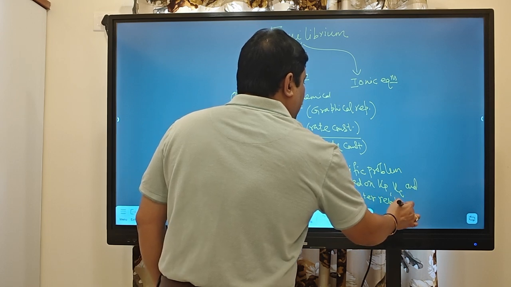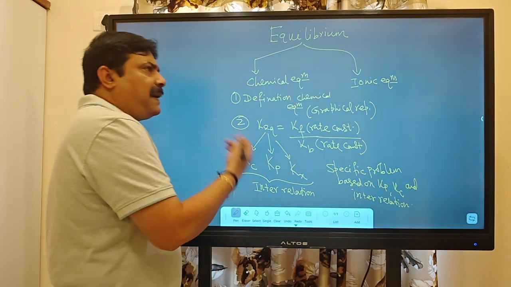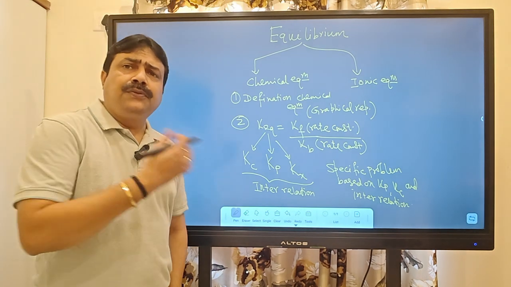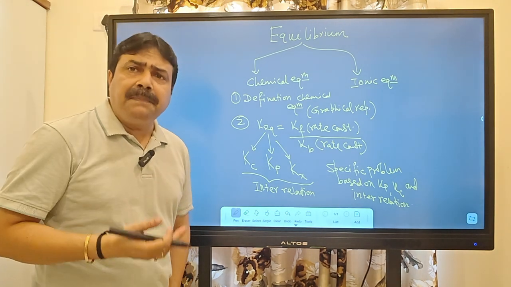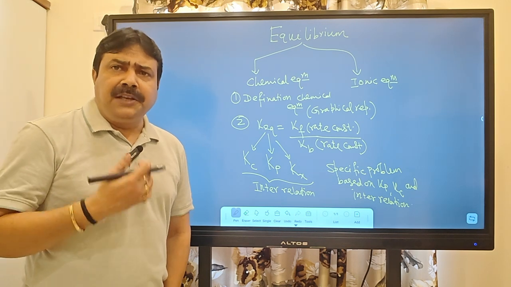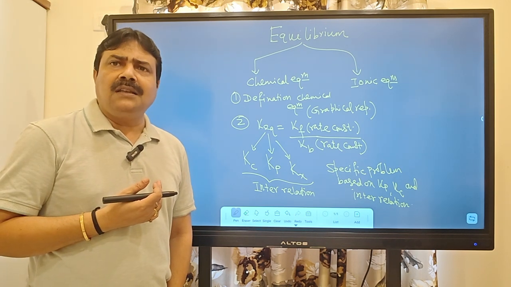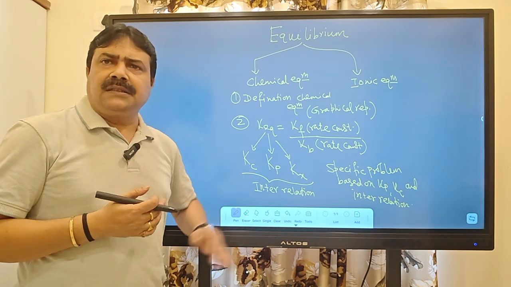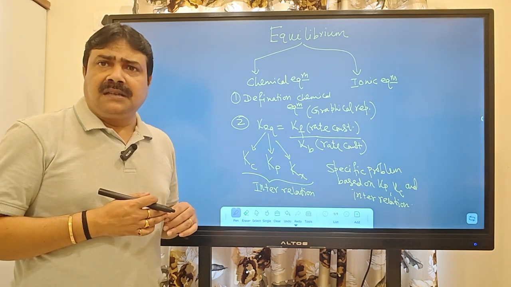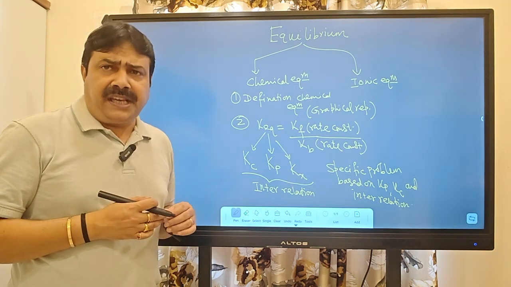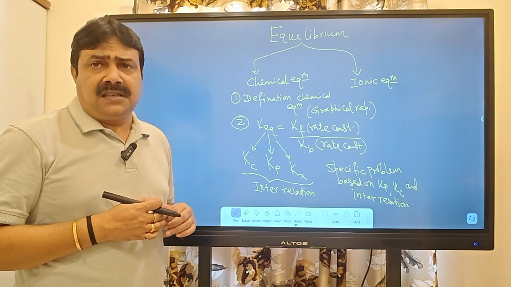After that, a very important topic: what are the parameters influencing the equilibrium constant? Generally Kp and Kc only depend on temperature, no other parameters, but Kx, in terms of mole fractions, depends on pressure. Kp and Kc will only change whenever temperature is changing.